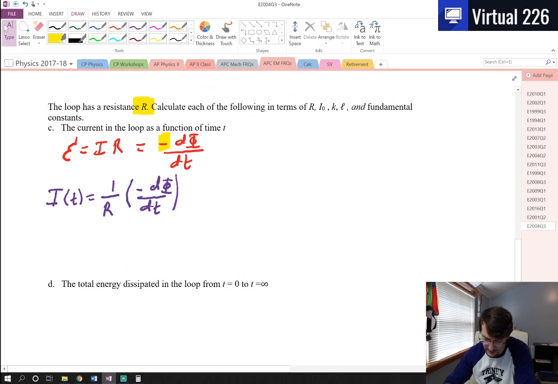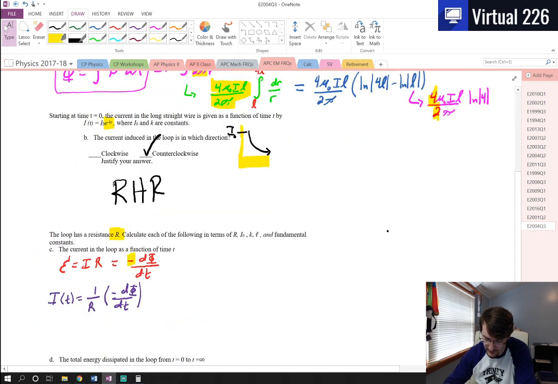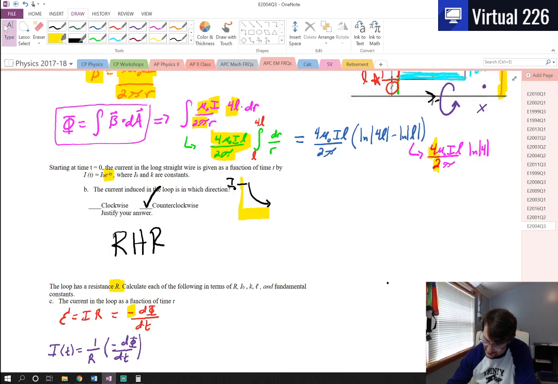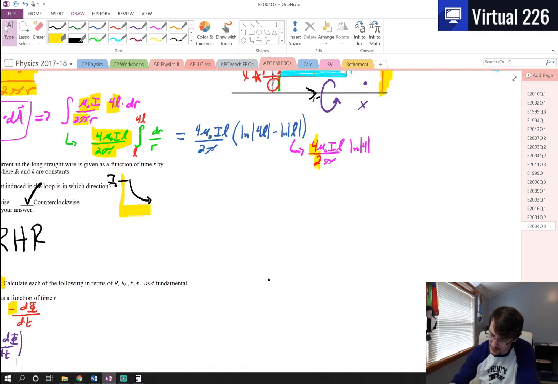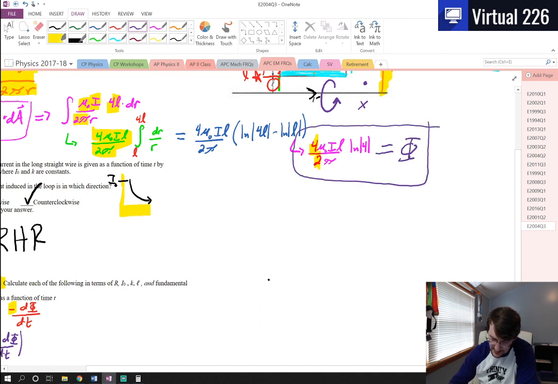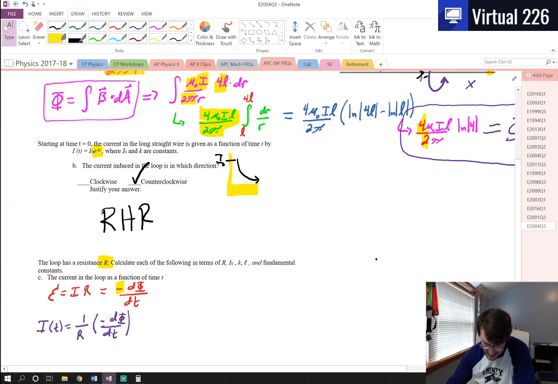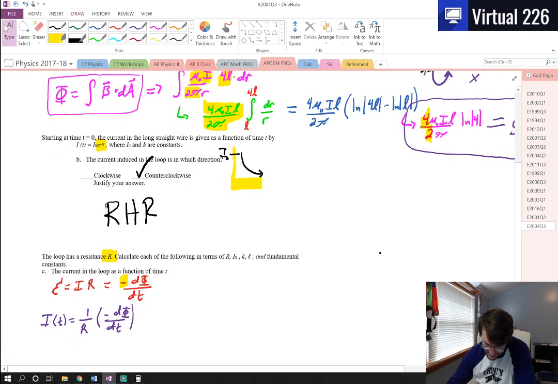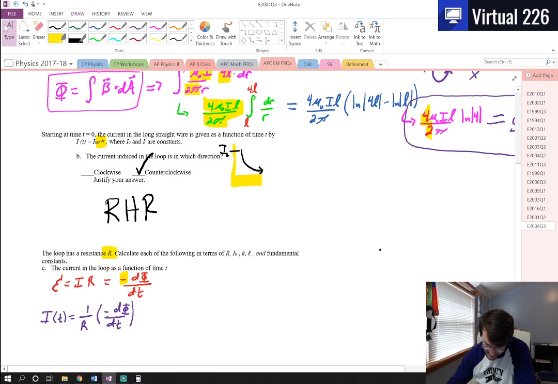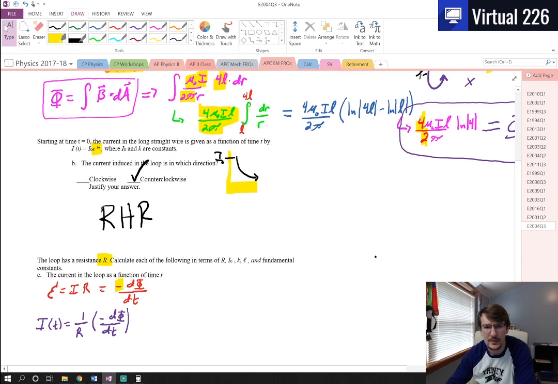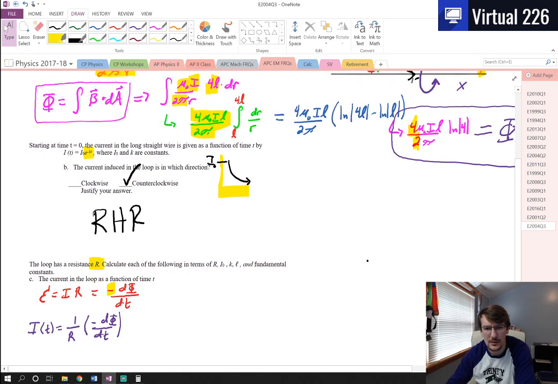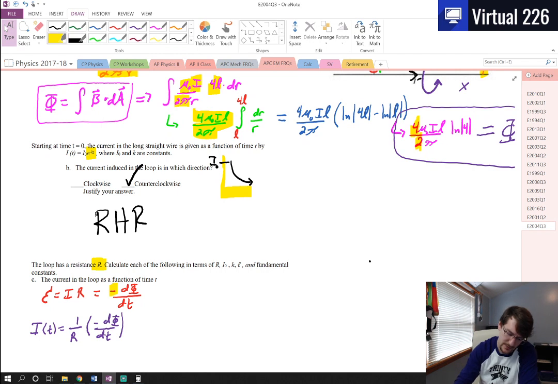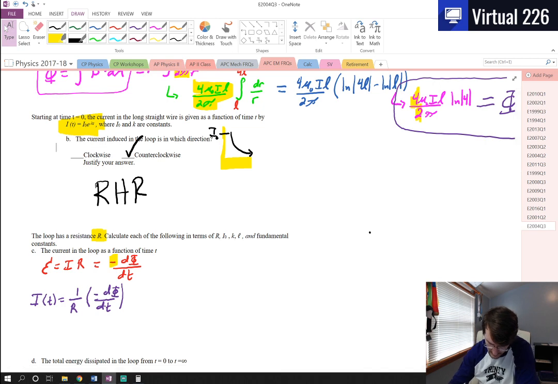Luckily for us, we just figured out what that change of flux was in part A. We have an equation for flux here. It is equal to this. And what is also nice is, in part B, we know what I of t is.